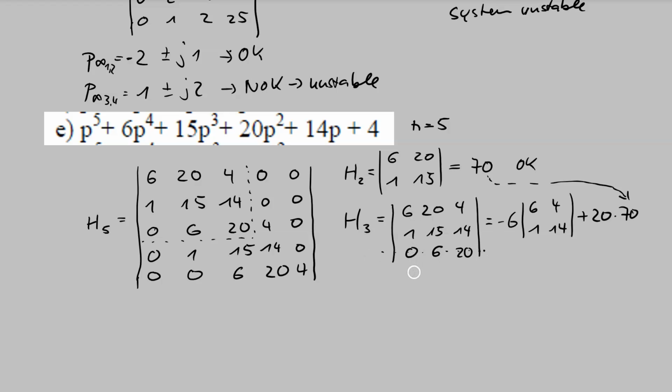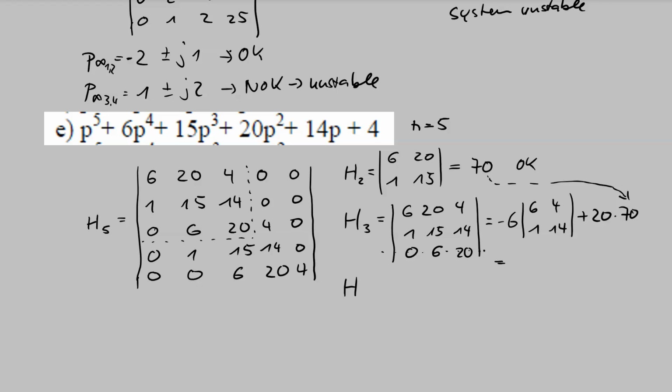If I had developed along this column, then of course H2 would not be needed, and I would have to calculate the determinant here, a new value. So this is a trick to save seconds in the calculation. So what is this?